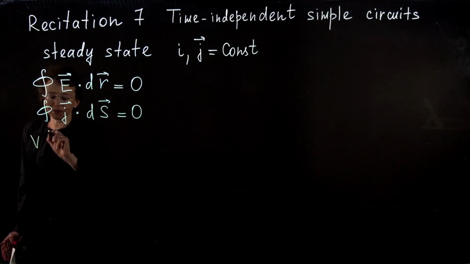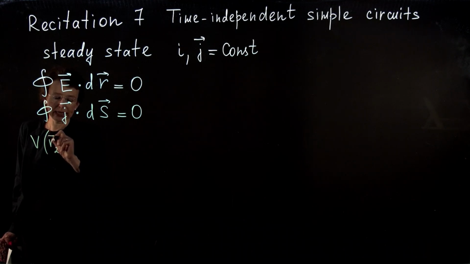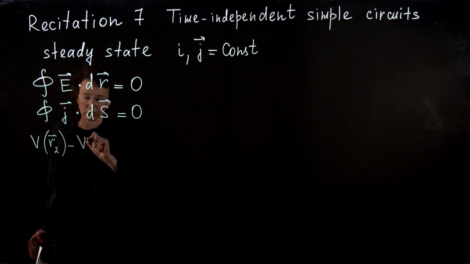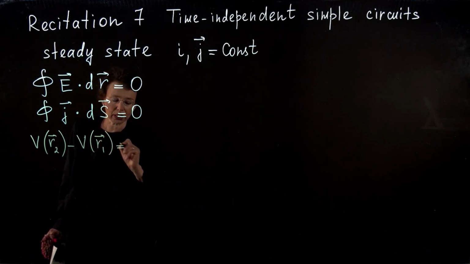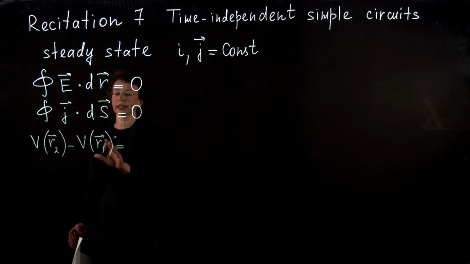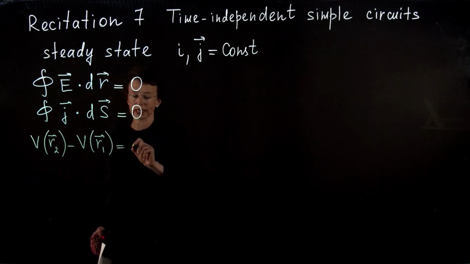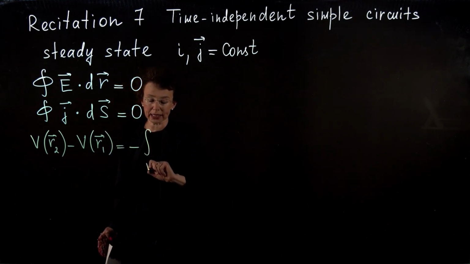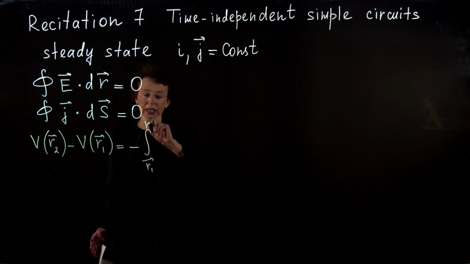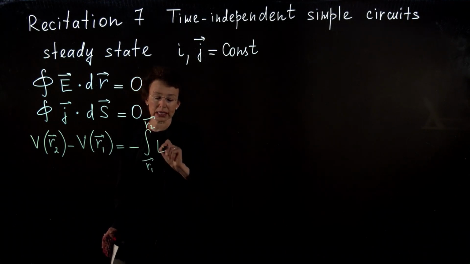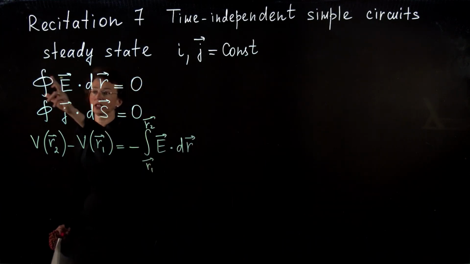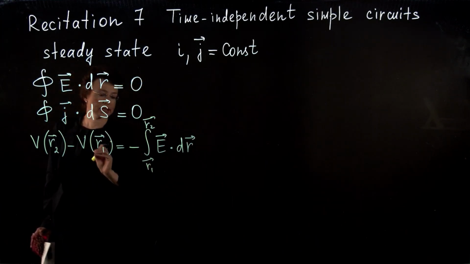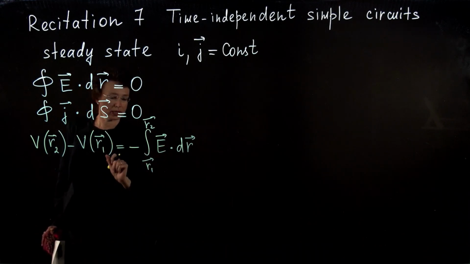We need one more equation. We need the difference in electric potential, V at R2 minus V at R1. I remind you, we already worked with this equation, and it still works because of steady state. It's minus integral from R1 to R2 of E dot dr. Again, if I consider a closed loop, then it is 0, but we understand this relationship.